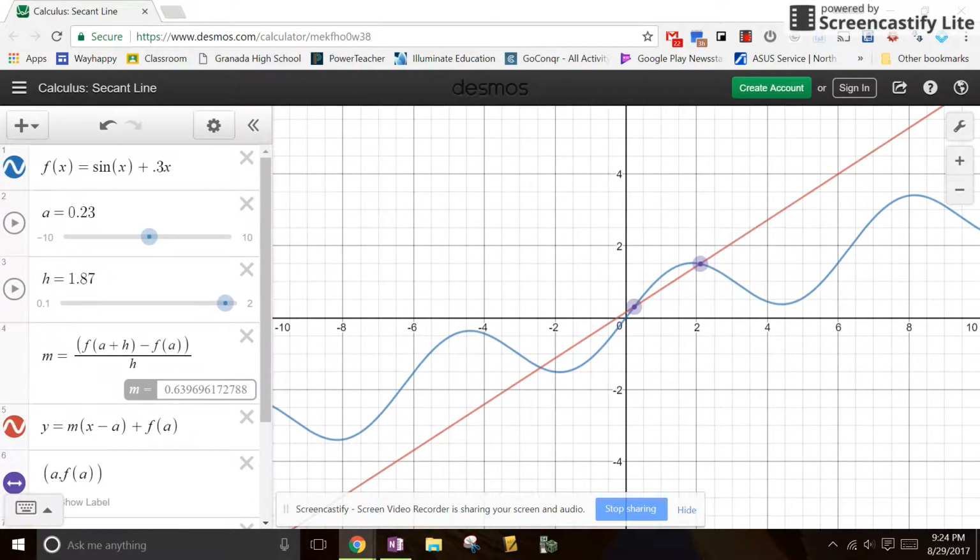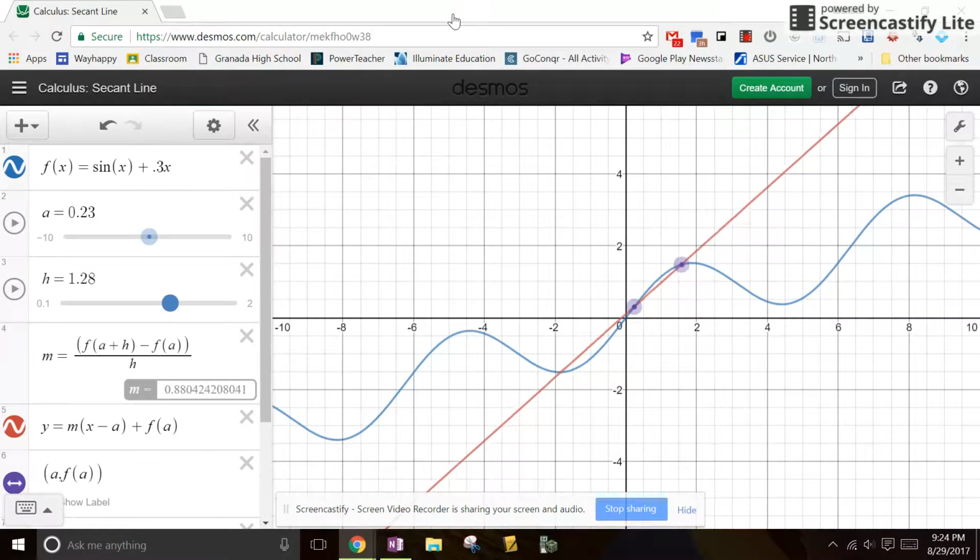And just to show you how cool this is, if I pull that secant line closer, look at the 2 points over there. I'm sliding it closer and closer. The distance, that delta x, is getting smaller and smaller. Look what's happening to the red line. It's really becoming a tangent line, right? Those 2 points are so close together that it is actually becoming a tangent point now.